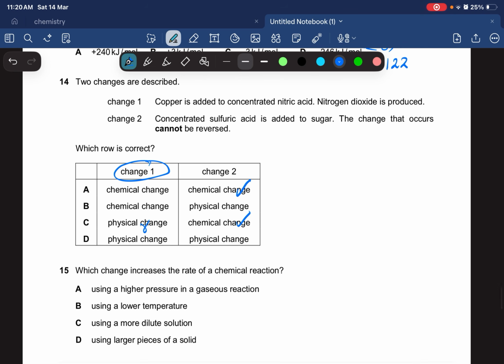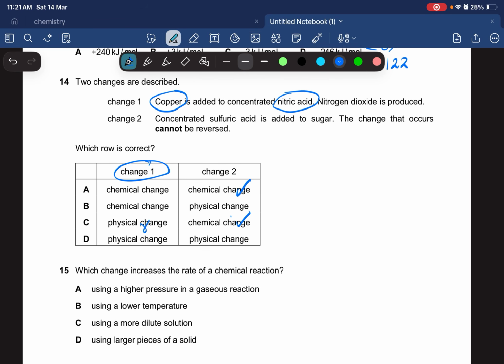Why is change 1? Because copper is added to nitric acid and then we are forming nitrogen dioxide. And the reaction can be reversed because you know that copper is less reactive than hydrogen, so it cannot basically displace hydrogen. And concentrated sulfuric acid is added to sugar, the change cannot be reversed.